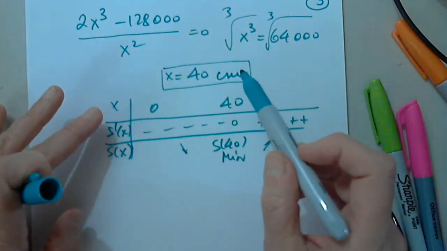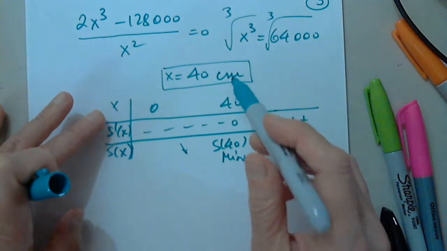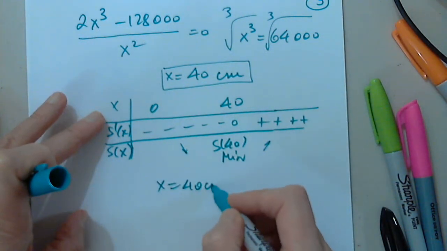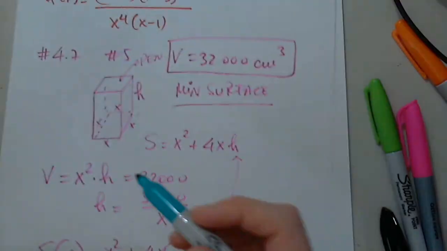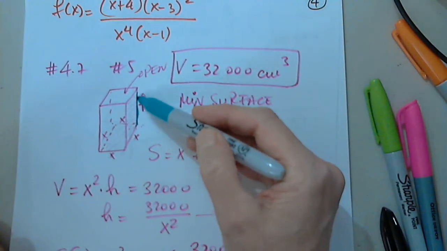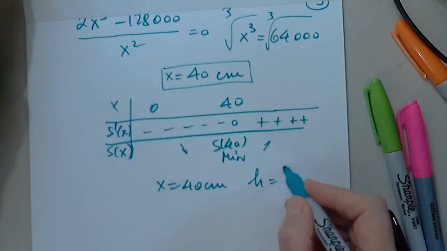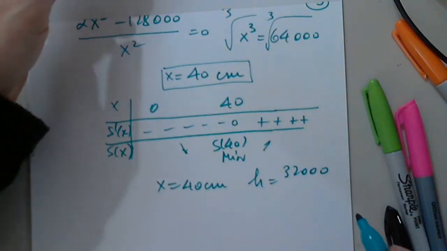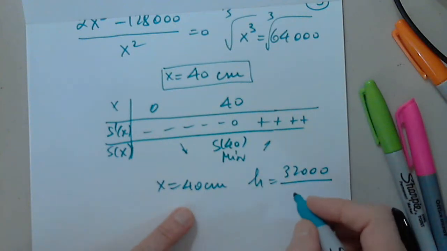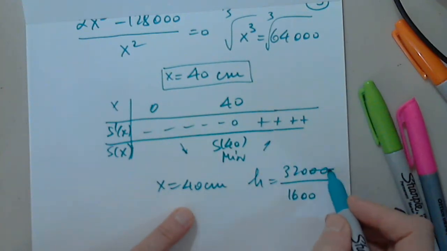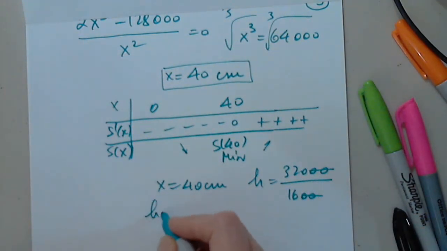So now, x is 40, which is the base of the box, but I have to determine the height. So the height is 32,000 divided by 40 squared. So it's 20.